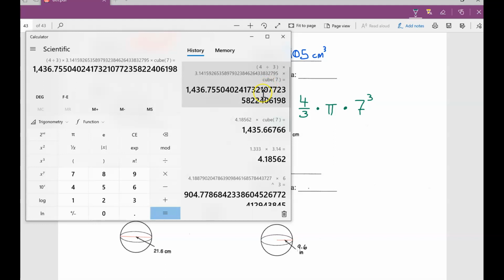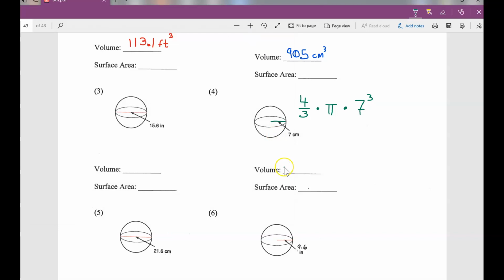On my key, it literally says approximately, that's what that wavy line means, 1,436 centimeters cubed. And as long as you have between 1,434 and 1,438, you're fine.